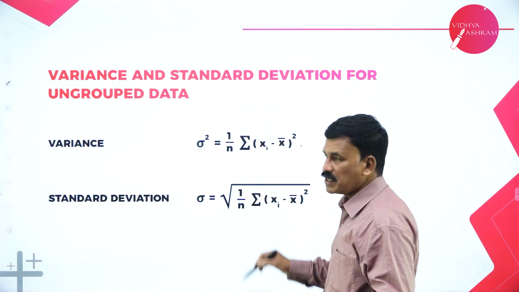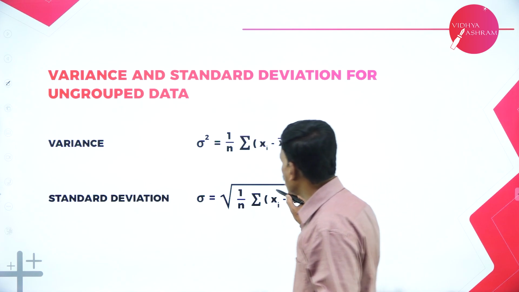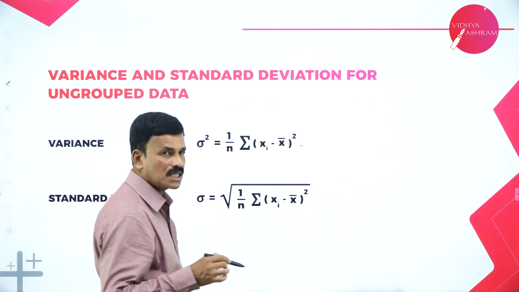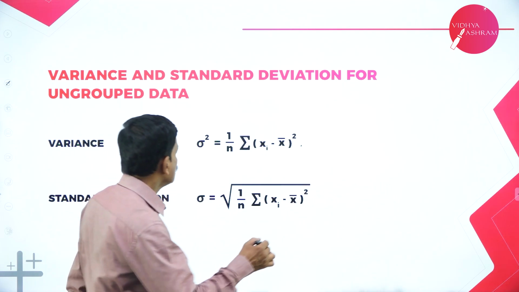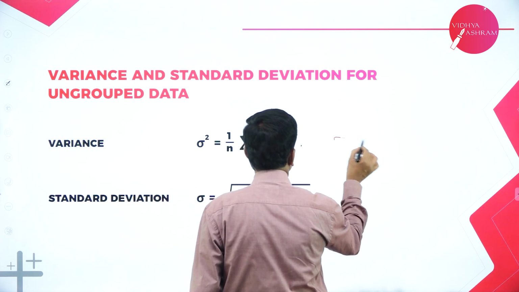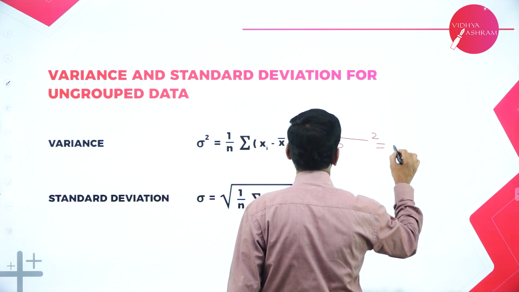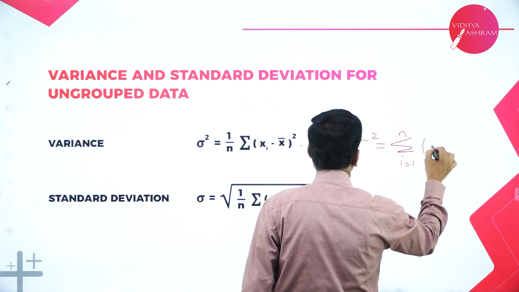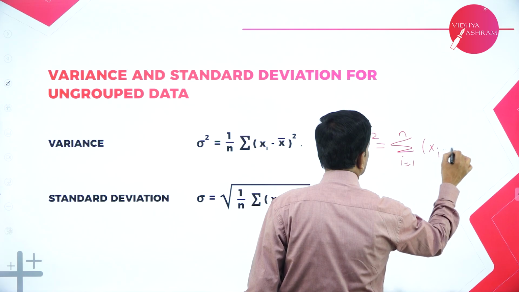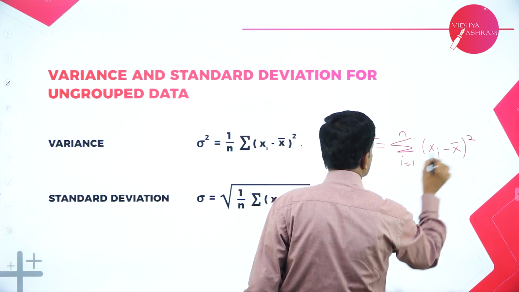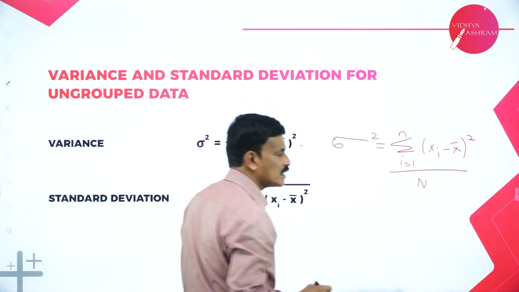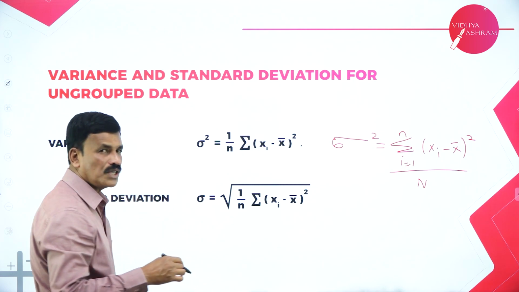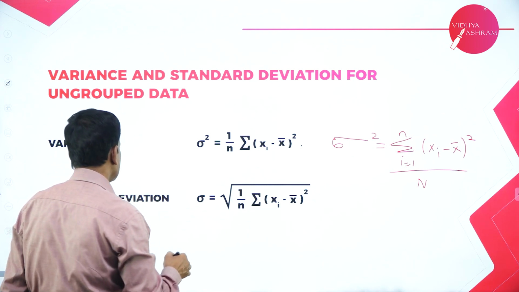Now, what is the variance? Rho square is equal to sigma xi minus x bar whole square divided by n. So the variance is given by rho square is equal to sigma i is equal to 1 to n xi minus x bar whole square divided by n, and the square root of this variance will give the standard deviation.